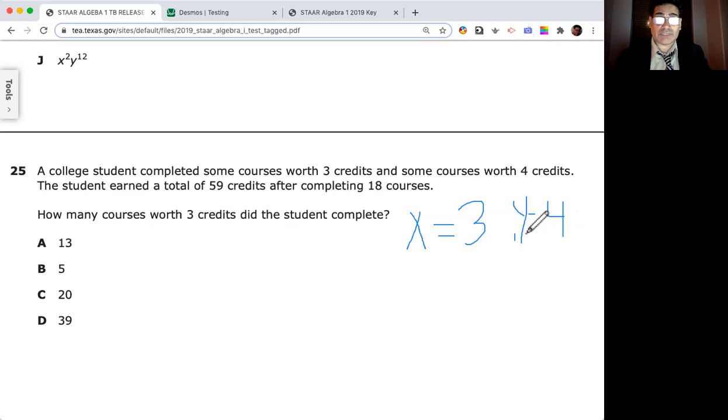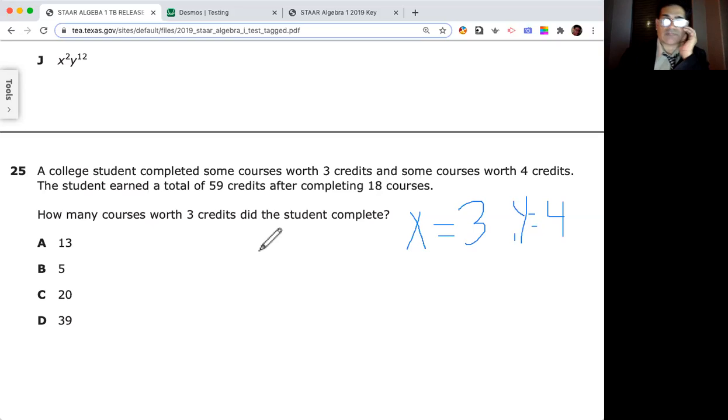The student completed a total of 59 credits after completing 18 courses. The value of x and the value of y. Okay, so let's see. The value of x and the value of y.